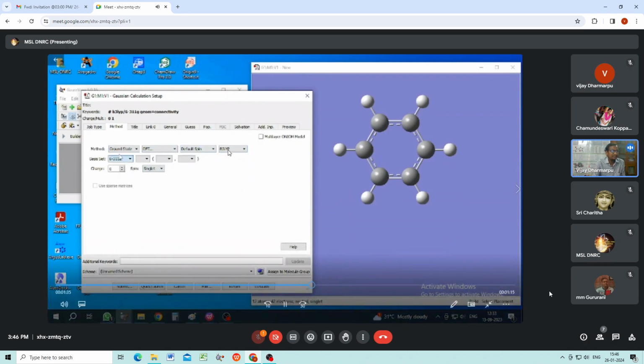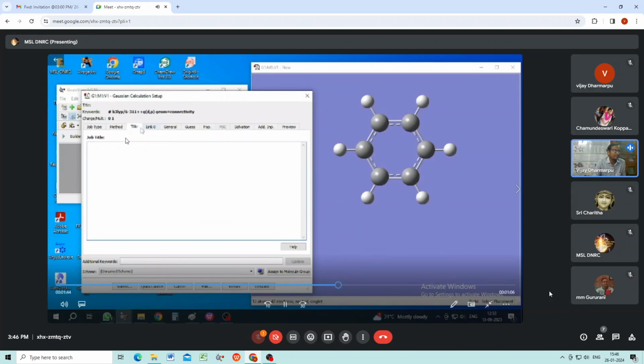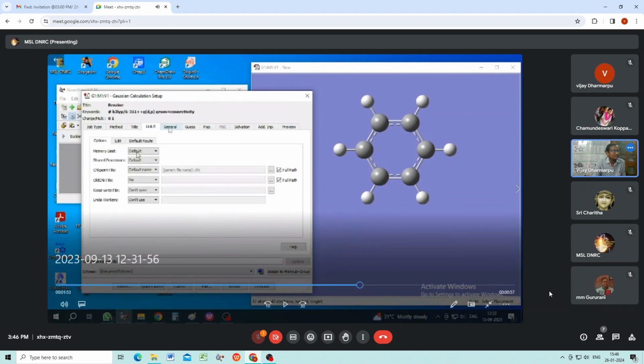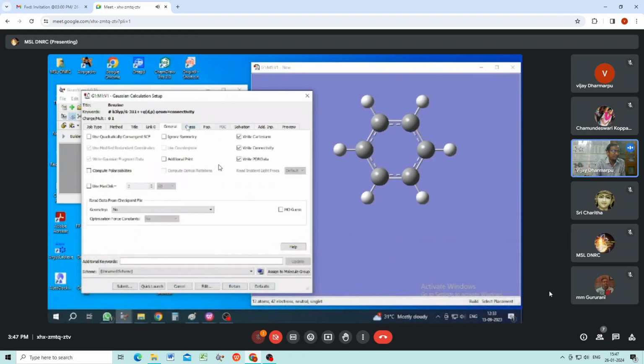This is the basis set, and this is the dipole moment, and we can give any title. I am giving benzene as the title, and we can go with the links. The links, memory limit, and shared processors are all default only.